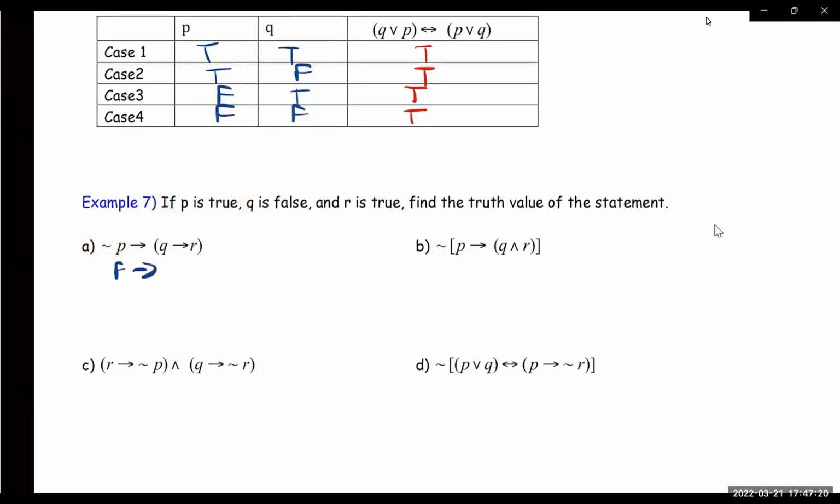False, one-sided arrow, you have Q, which is false, arrow R, which is true. So I got the Q to be false and the R to be true. So what is this going to be? False or true? F, one-sided arrow, true. True.